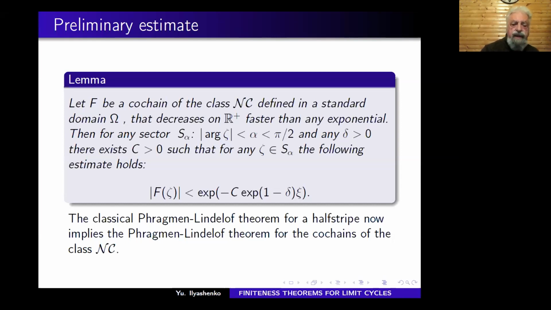Then for any sector of opening smaller than pi over 2 and with the bisector R plus, and for any positive delta, the following estimate of F in this sector holds. F is smaller than a double exponential with 1 minus delta before psi.